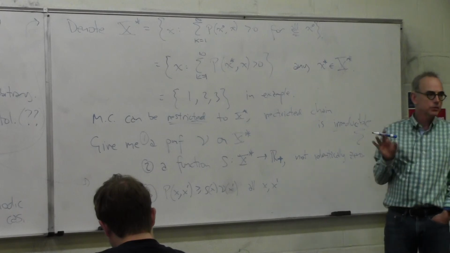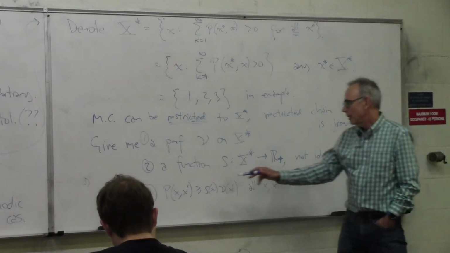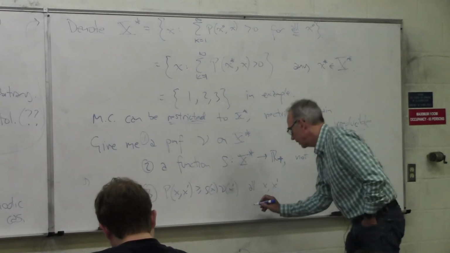So this has to be constructed. It might be really hard, maybe not, we'll see. But it's called a minorization condition.